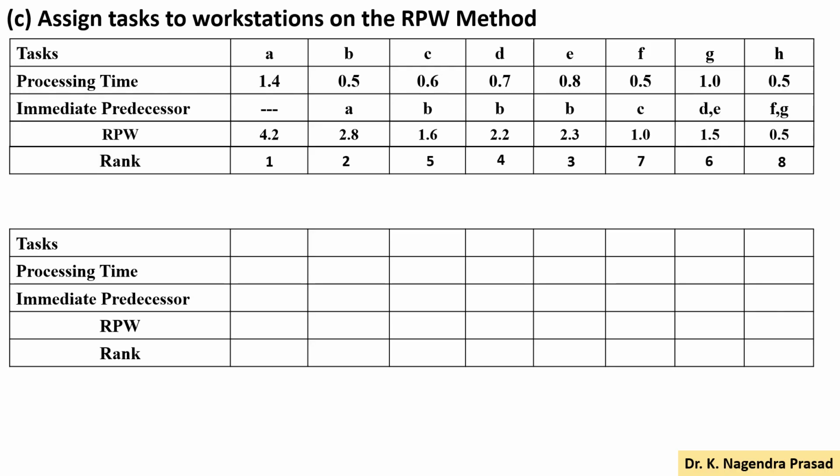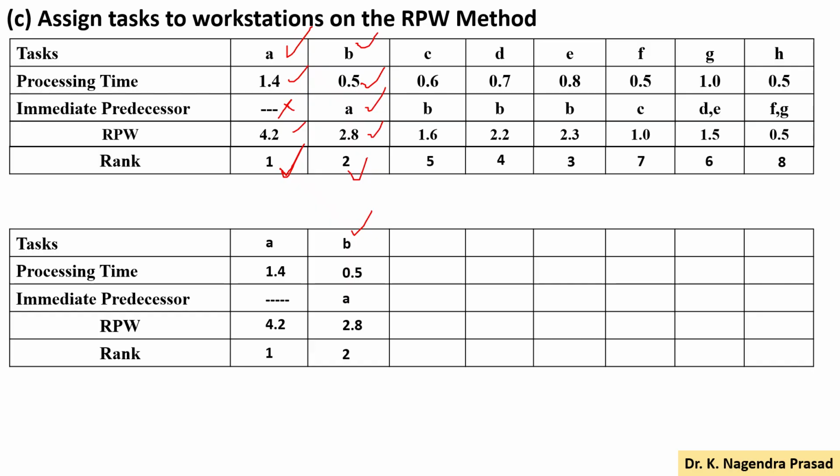Here the first rank is for task A. Write down: the first column is task A, processing time is 1.4, immediate predecessor is none, RPW value is 4.2, and rank is 1. Next, rank 2 is for task B: processing time is 0.5, immediate predecessor is A, and RPW value is 2.8.